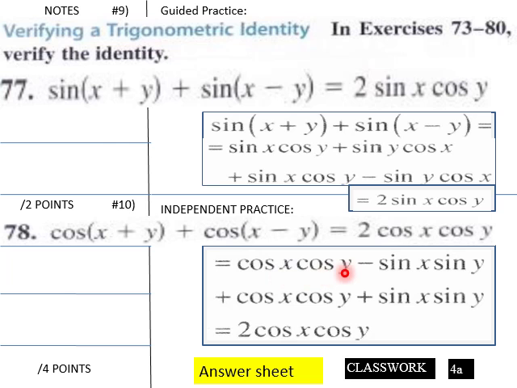The negative sine x sine y and the positive sine x sine y cancel out, so you just end up with cosine x cosine y plus cosine x cosine y, so 2 cosine x cosine y is how that works.